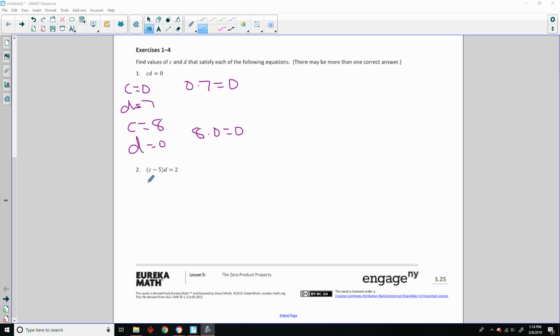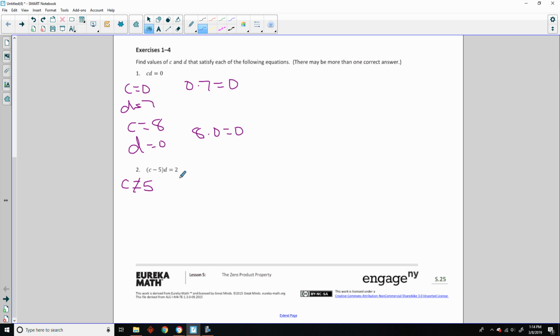C cannot equal 5 because 5 minus 5 is 0 and 0 times anything is 0. That is one thing that I do know. C cannot be equal to 5.